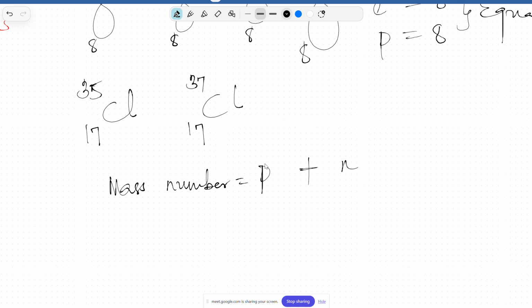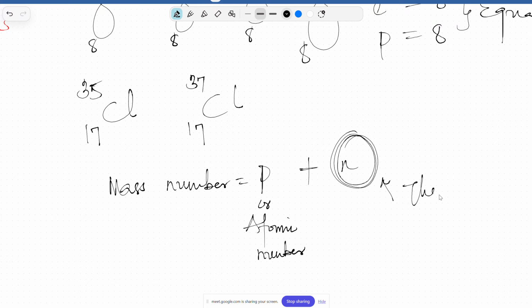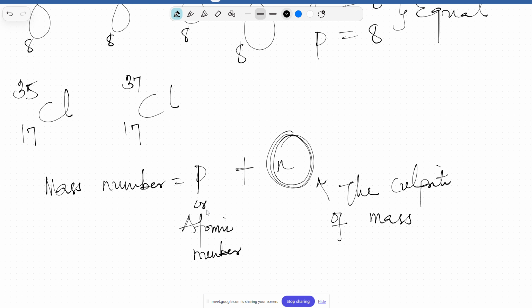This one is fixed because it is exactly the same as the atomic number. So atomic number is fixed. The thing that is causing this difference in isotopy is what? Neutron. So I'll call this one the culprit, we call it the culprit of mass number what?